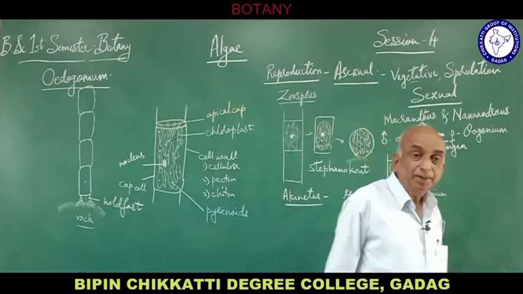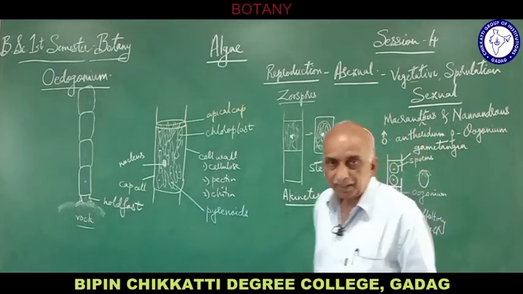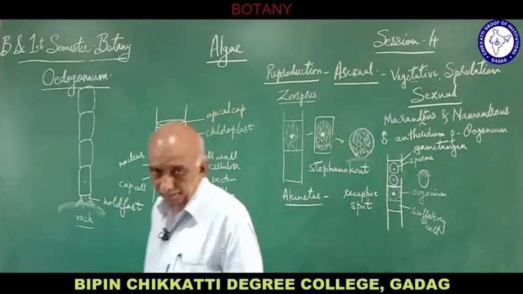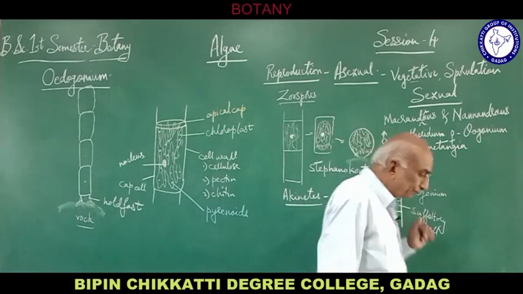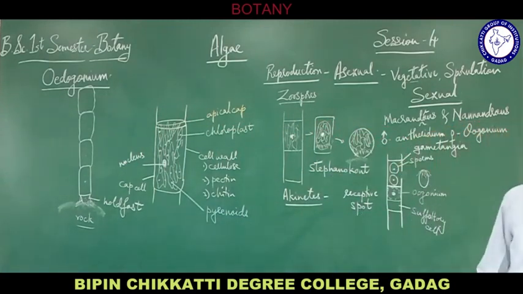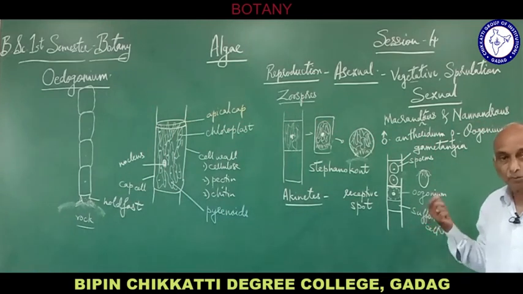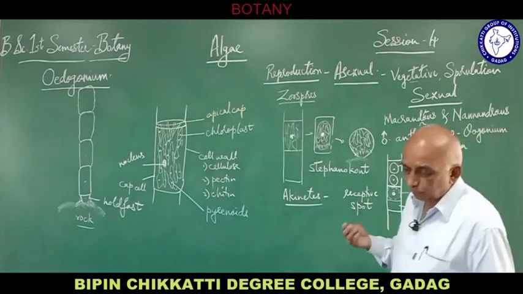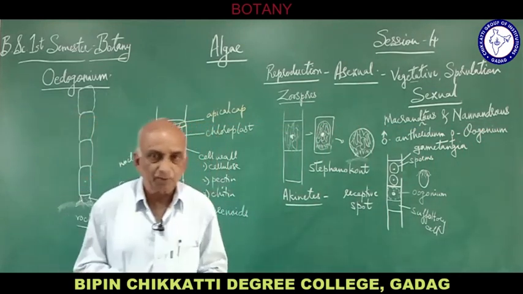That means there will be no interaction between the chemical produced by the oogonium and that of the sperm. The interaction between the sperm and the oogonium brings about the locomotion of the sperm towards the oogonium.